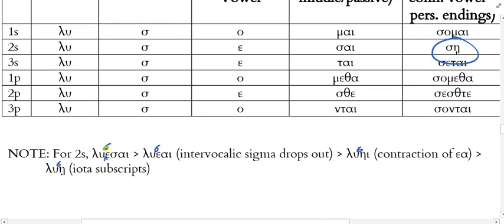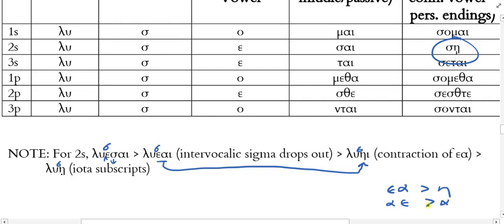Okay, so luseai becomes lueai. That is to say, this intervocalic sigma after the connecting vowel drops out. That leaves me with lue-ai, and then epsilon and alpha are going to contract, and they will become eta. Remember that rule? When epsilon meets an alpha first, the epsilon wins and becomes the long version of the epsilon, which is an eta. When alpha gets there before epsilon, it contracts and becomes a long alpha.